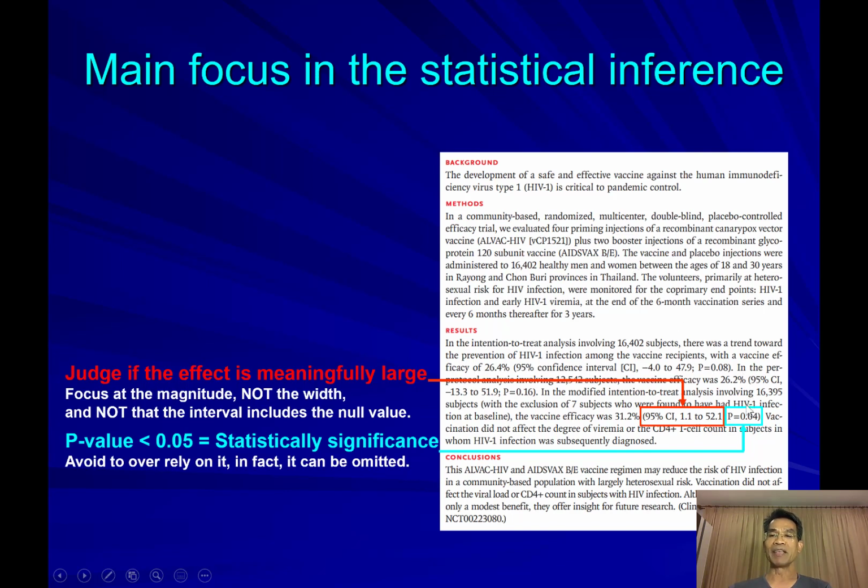It would say something like, this vaccine significantly prevented HIV infection, right? Because the p-value is less than 0.05. So it's totally misleading, suggesting that this vaccine works.